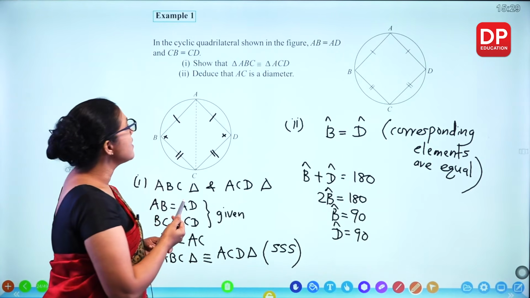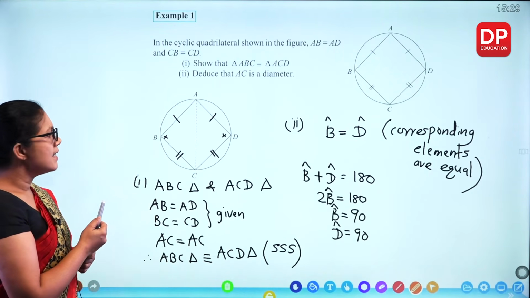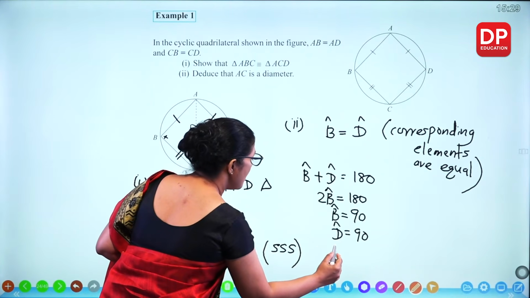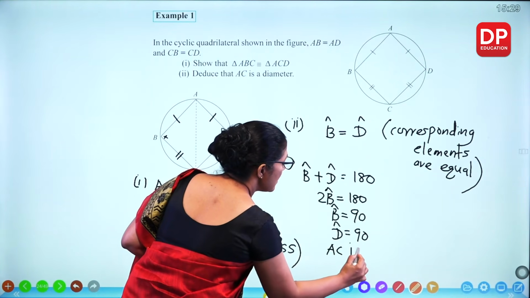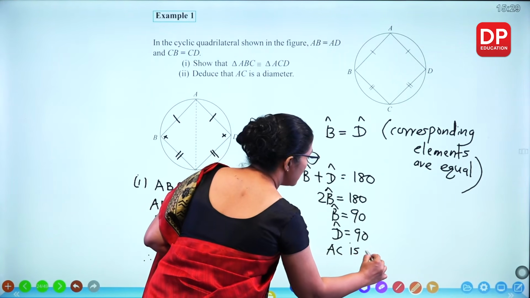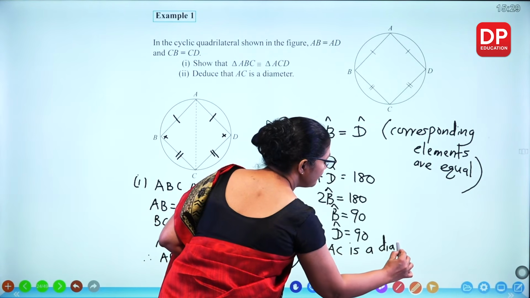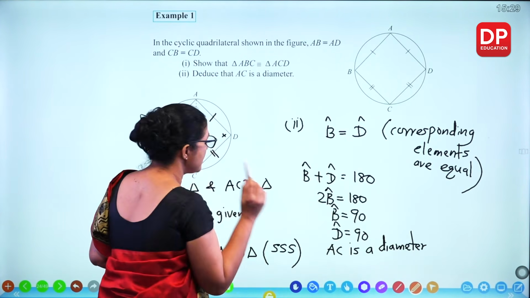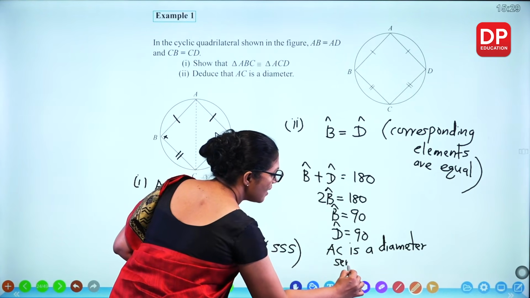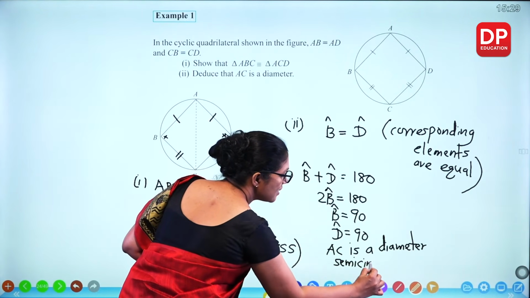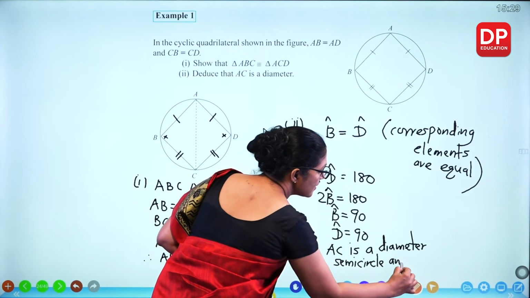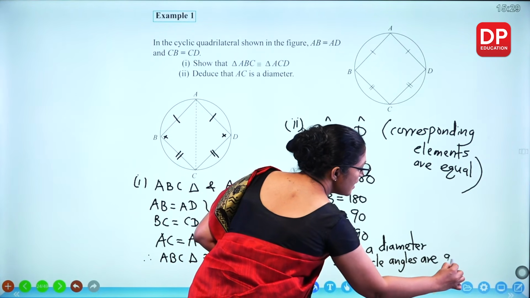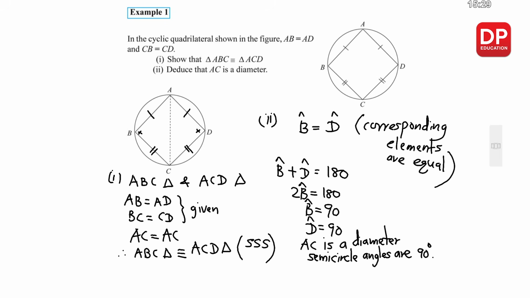So we can write therefore AC is a diameter. Why? Semicircle angles are 90 degrees.